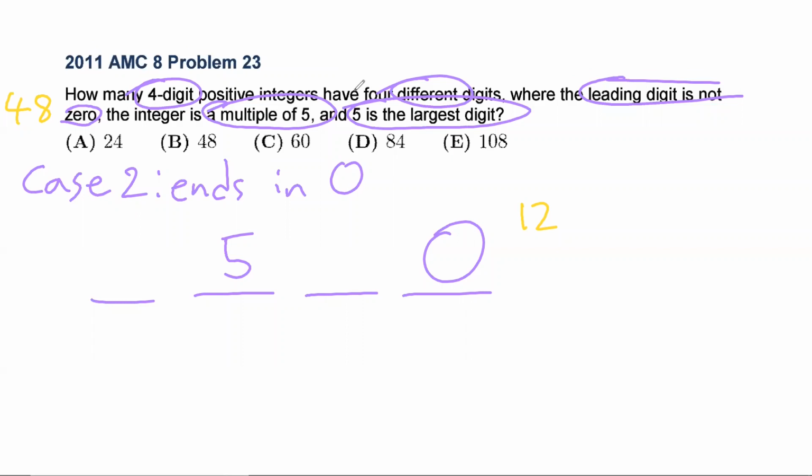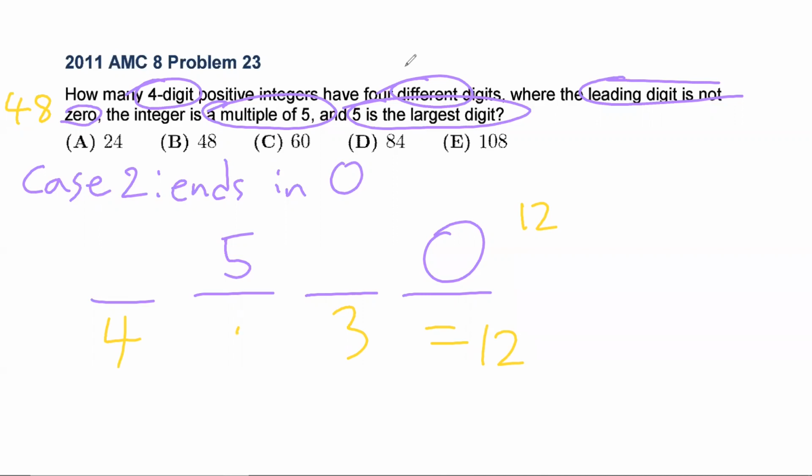And you'll notice that actually this case is kind of a similar thing to the last case, as in there's 4 options for this case, 1 through 4. And once you've used that, there's 3 options here. So 4 times 3 is once again 12.